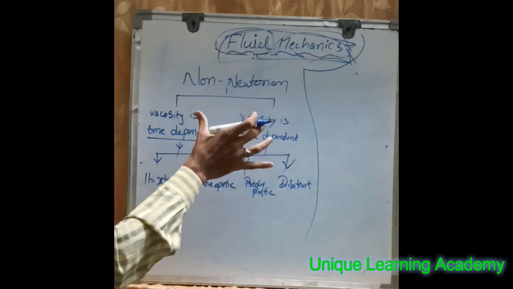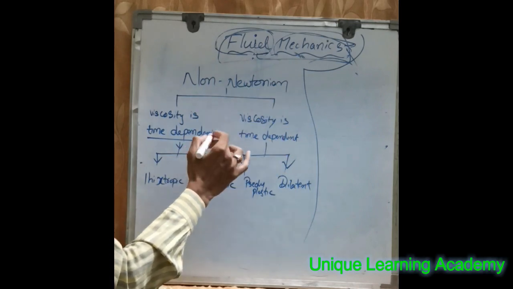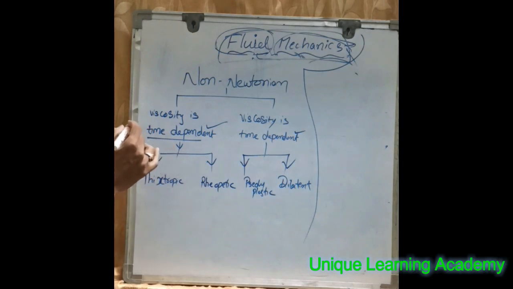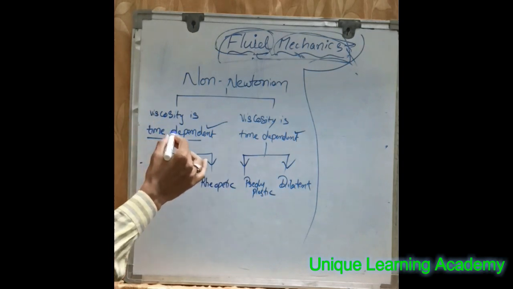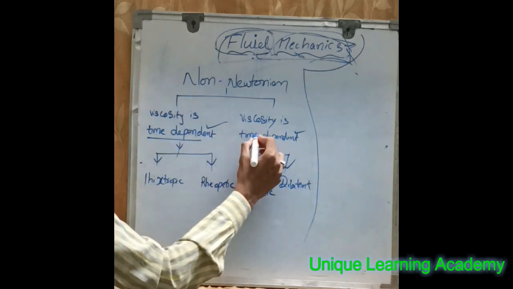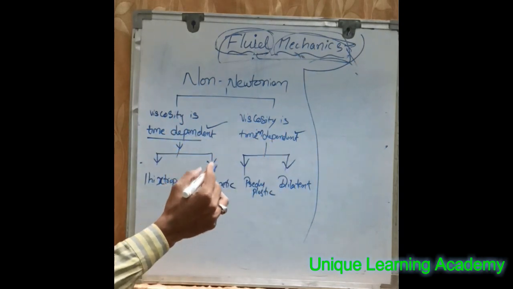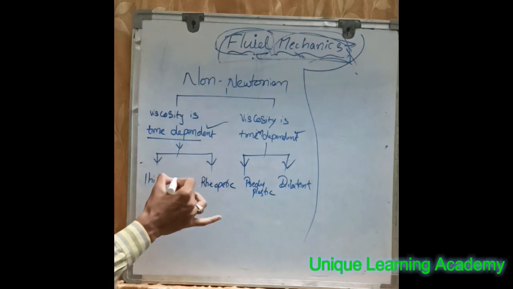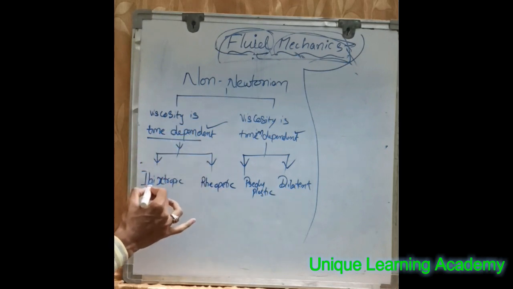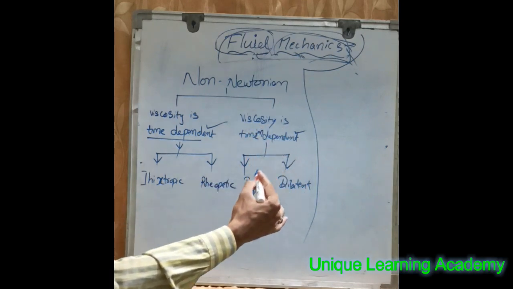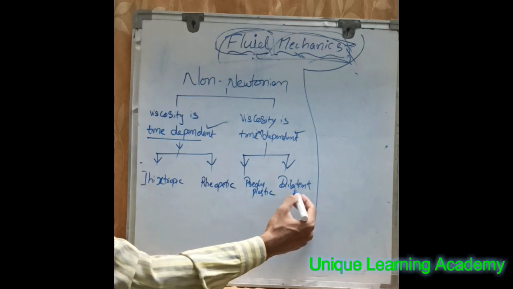This non-Newtonian fluid is further classified based on time dependent and time independent viscosity. The time dependent type is further classified as thixotropic and rheopectic, and the time independent type into two more types, pseudoplastic and dilatant.